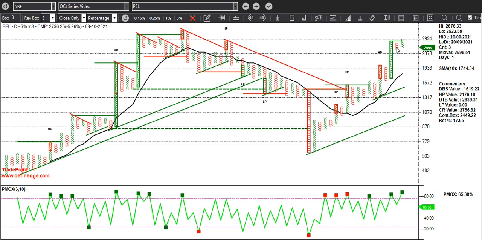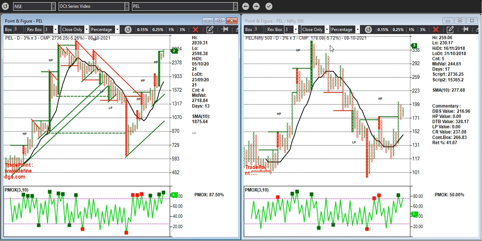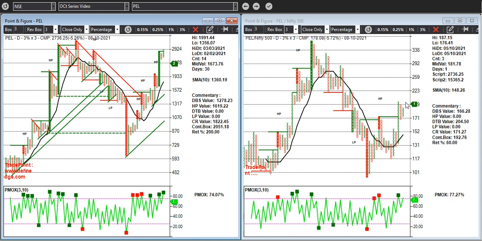We can wait for the price to again come to 2840, and we can have a stop loss at 2450, 2449. The RS chart is also above the SMA in column apex. So nothing to complain about here as well.